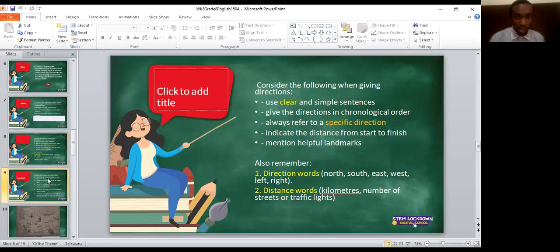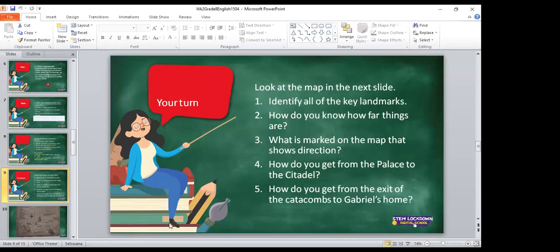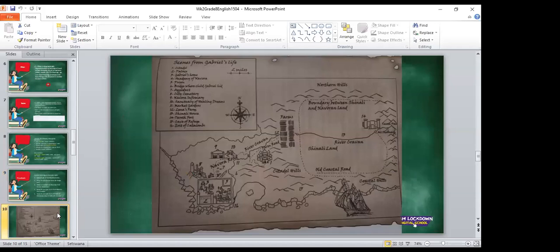Okay, here is our activity. Look at the map in the next slide. Here is the map. This is the map for our activity. Remember, we are talking about information text with visuals. There are things which a map shows that we couldn't communicate if we were using only written words.